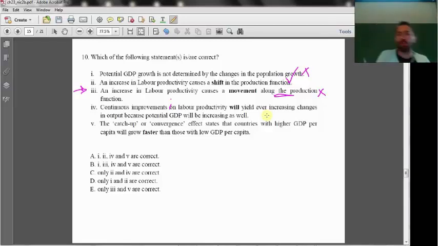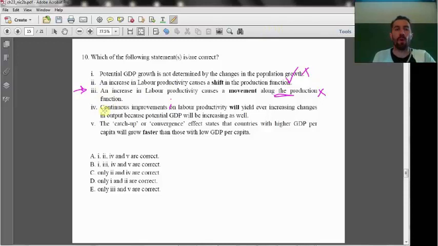Preferably this should say along the same production function. That's the way I would prefer it to be worded. So if we were to set a question like this, I would ask for that word to be inserted. So no, it doesn't cause a movement along the same production function. It causes a movement along a new production function which has shifted.